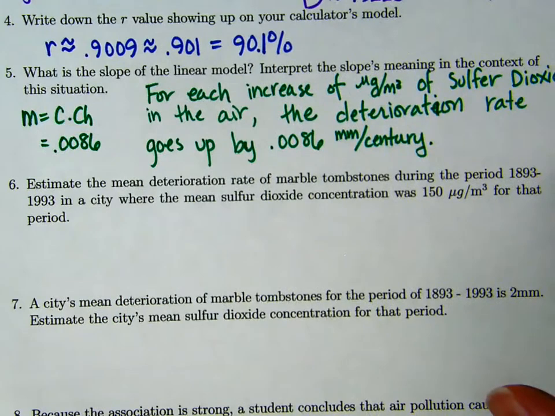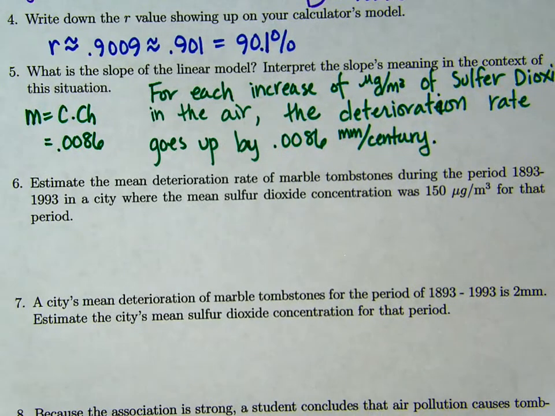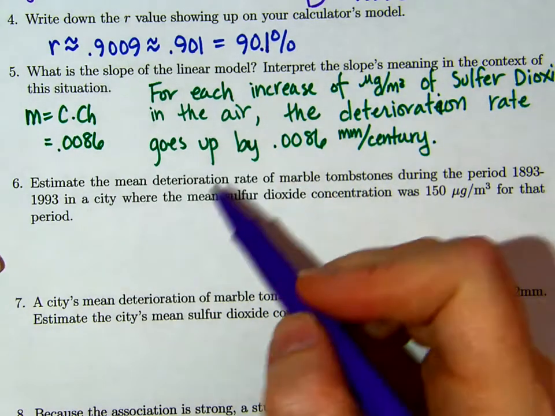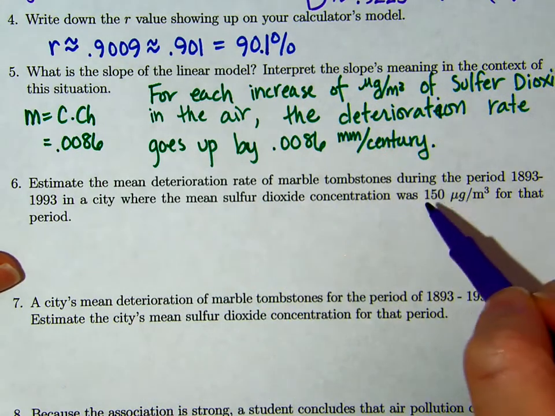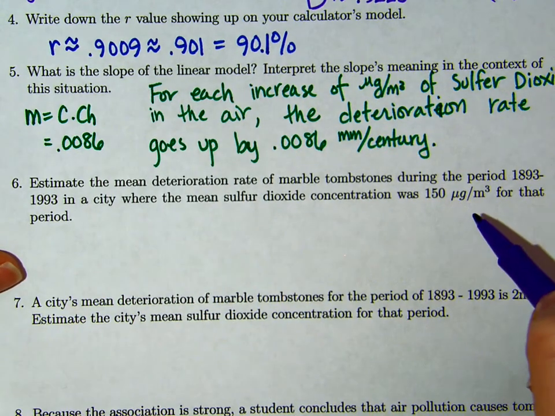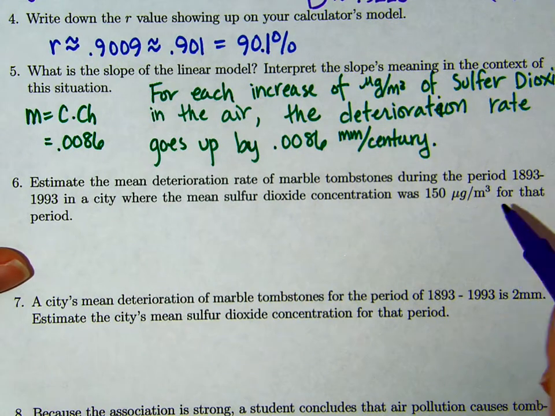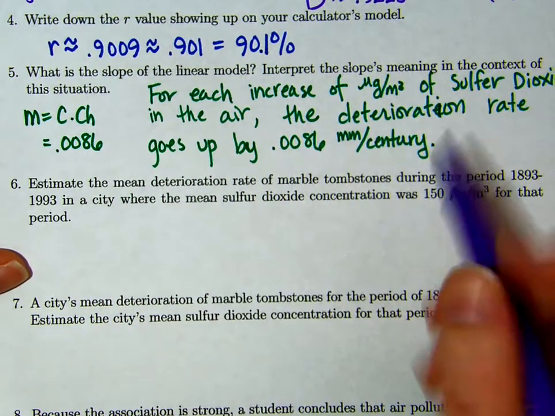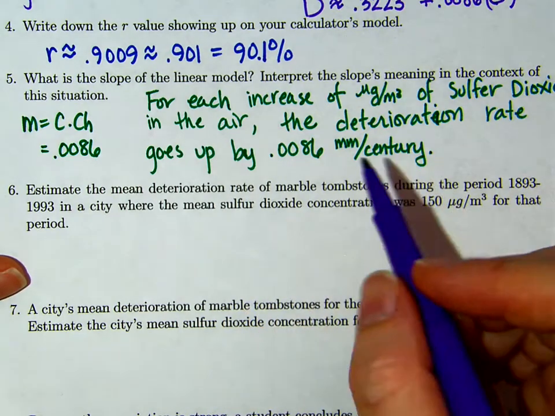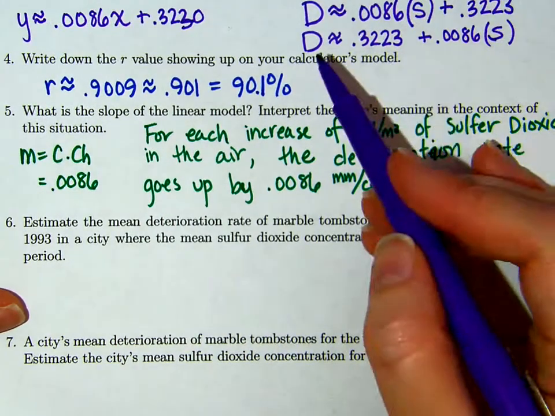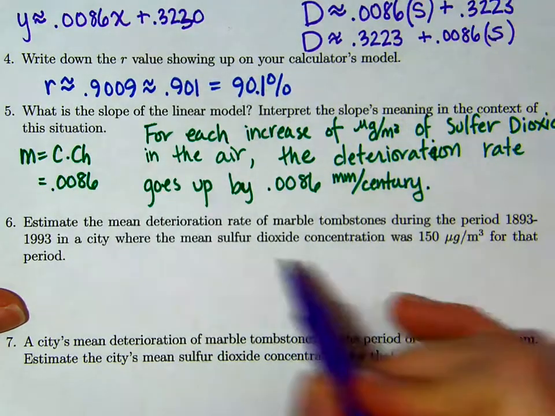6. Estimate the mean deterioration rate of the marble tombstones during that century in a city where the mean sulfur dioxide concentration, so the air pollution, was 150 micrograms per cubic meter. Okay, for that period. So what are they giving us here? Is this the deterioration rate, or is this the sulfur?